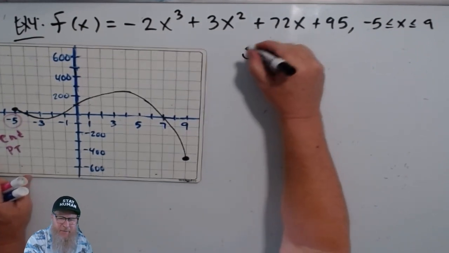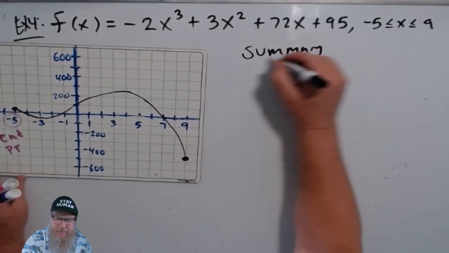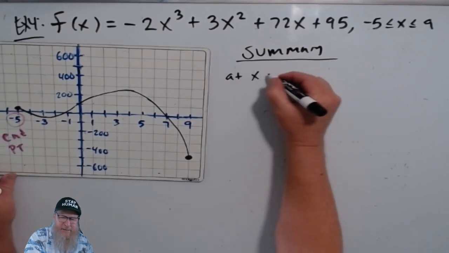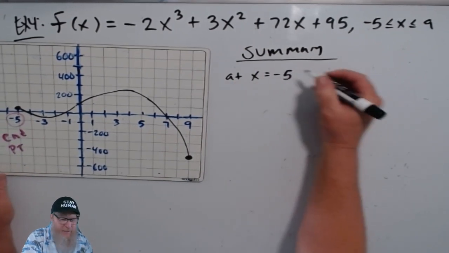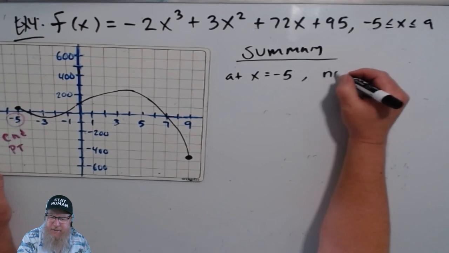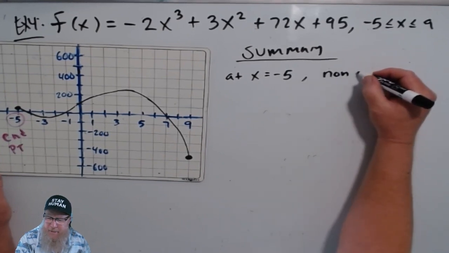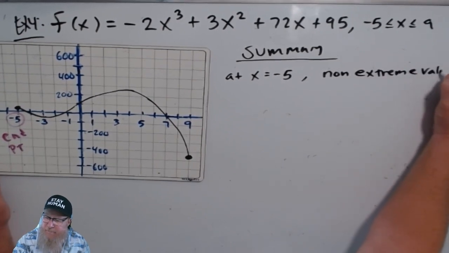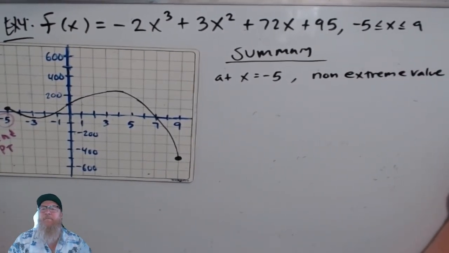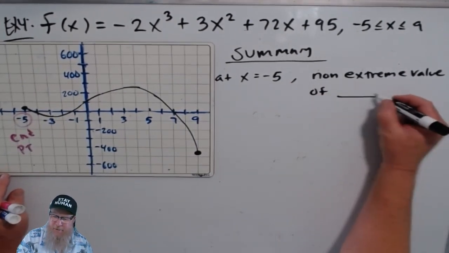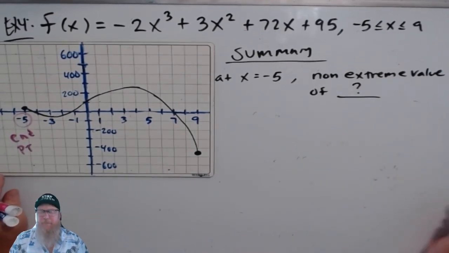So let's just do a summary. We'll go from left to right. At x equals negative 5, there is a non-extreme value of, I don't know, I'll have to figure that out later.